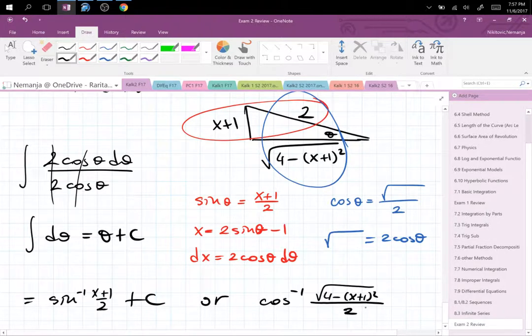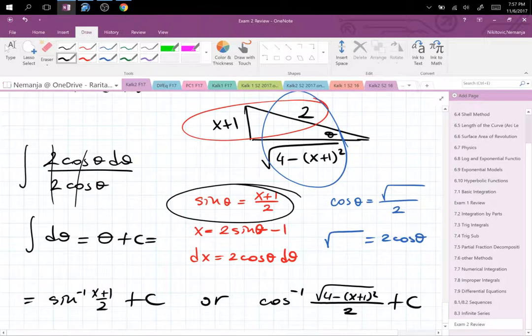You can also bring that one, whatever. So in that case, we also get the theta from the Pythagoras, right? Yeah, from here.